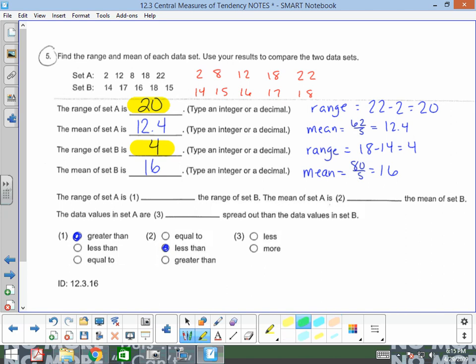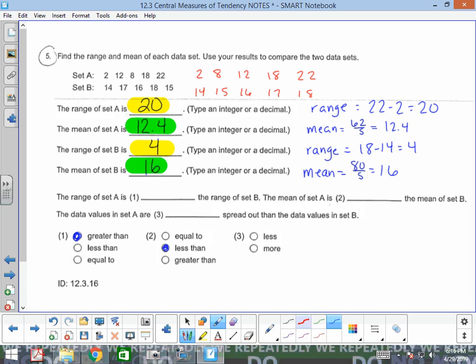The mean of set A is less than the mean of set B. All right, the data values in set A: since the range was 20, that means they are more spread out, because 20 is greater than 4. So set A is more spread out than set B.